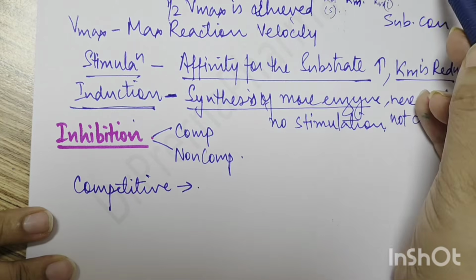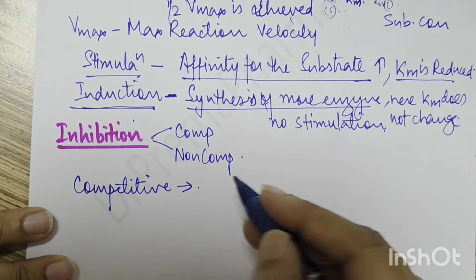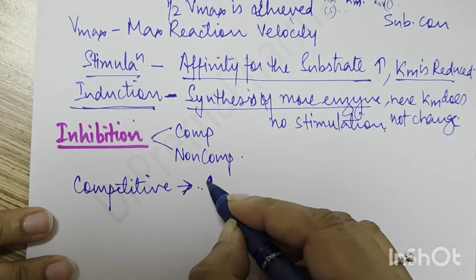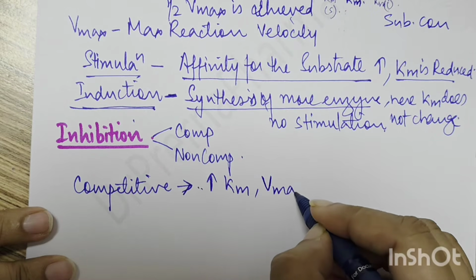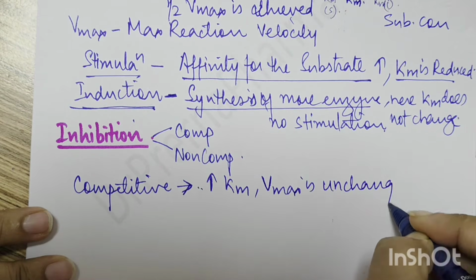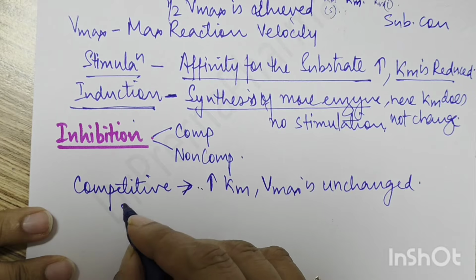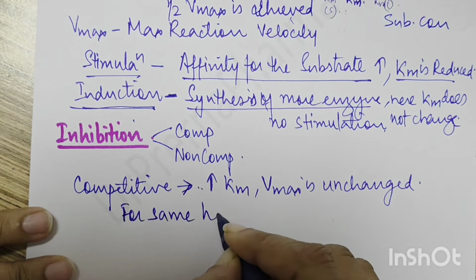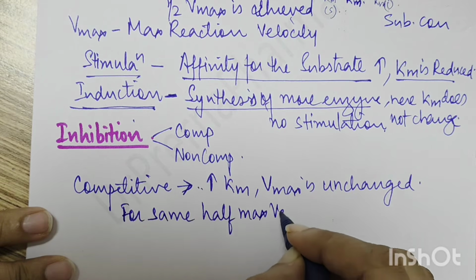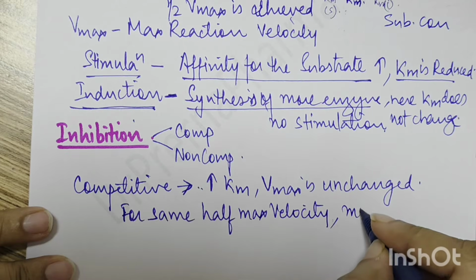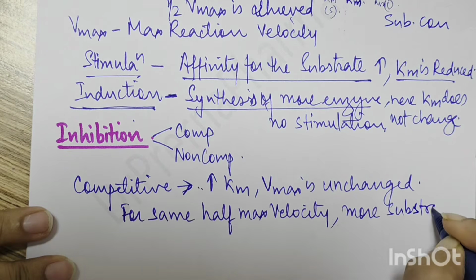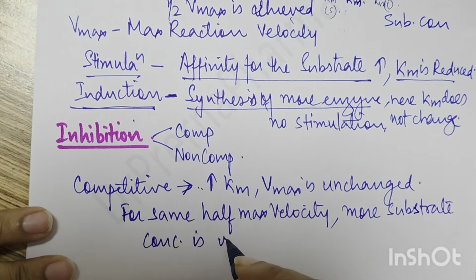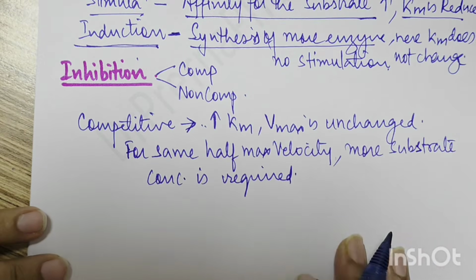Competitive inhibition में as the graph has fallen down, here in competitive inhibition there is increase in Km and Vmax is unchanged. What does it mean? It means that for the same half max velocity, now more substrate concentration is required, right? So this is competitive inhibition.